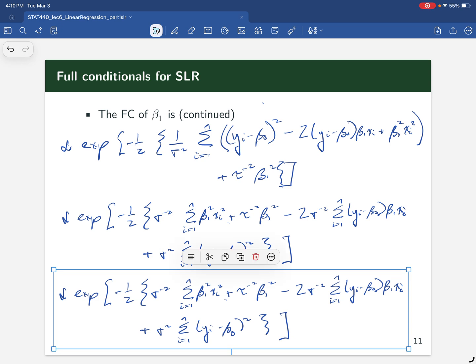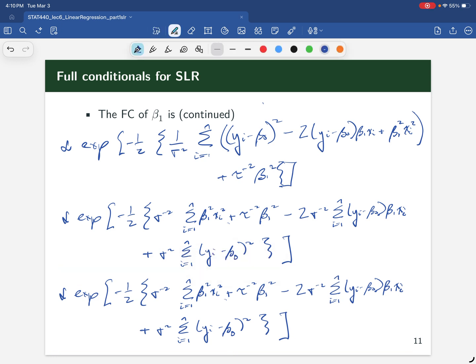Okay, so I can write it this way. I can say this, times e to the negative 1/2, because that part is going through to this last term of this stuff. And this is just a number.